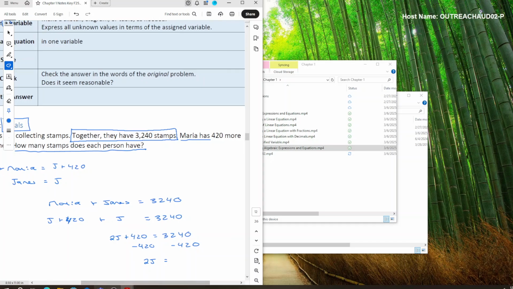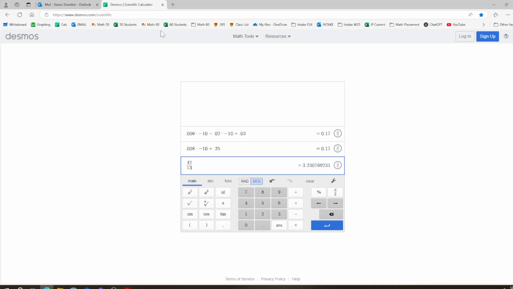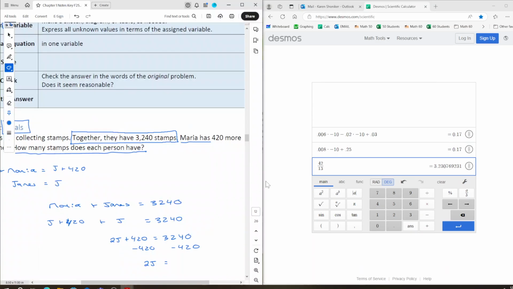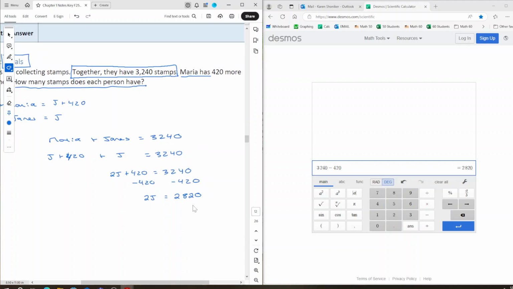If we were in our class, I would. Sorry about that. Okay, so I'm going to do clear all. 3,240 minus 420, which is going to give me 2,820. And then to get j by itself, you're going to divide both sides by 2. And you end up with j equal to 1,410.